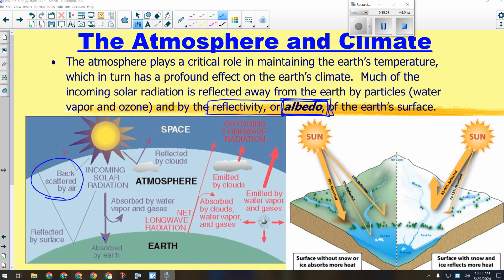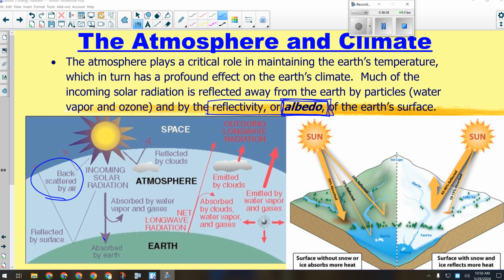So in the wintertime, 85 to 90% of the incoming radiation just bounces right off. It's gone. About 10 to 15% is going to be absorbed, and that's just going to be where there's darker stuff exposed. In the summertime, the situation is almost completely reversed. Grass, rocks, dirt, etc. is all exposed now.